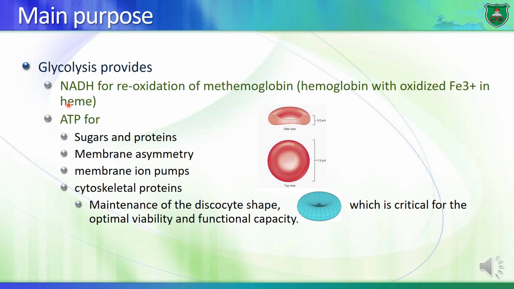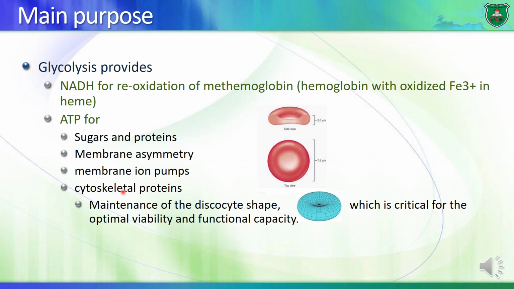Now, ATP is important for red blood cells for several reasons. One, it is used for the glycolytic pathway, of course, the initial reactions. It's important for modifying sugars and proteins. It's important for maintaining membrane asymmetry. It's important for the function of ion pumps, and for modifying and regulating cytoskeletal proteins.